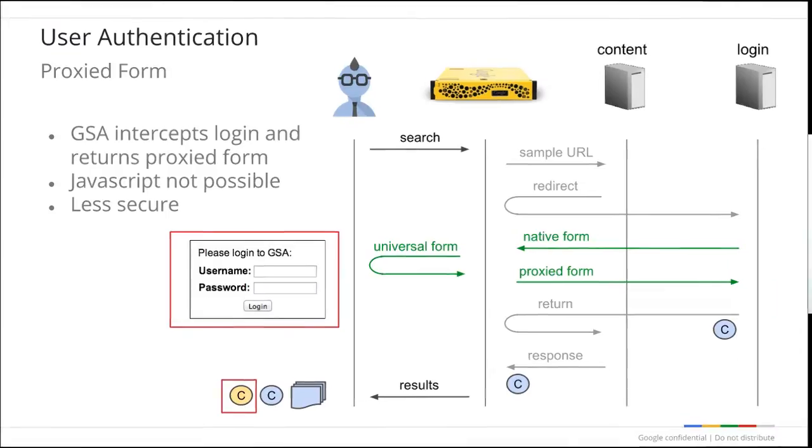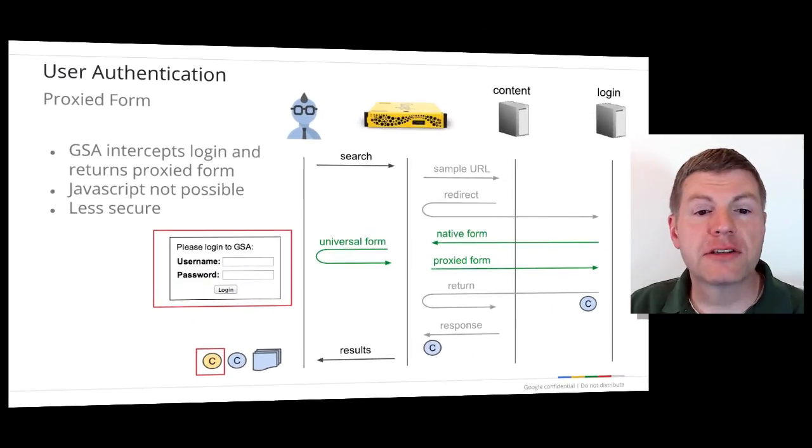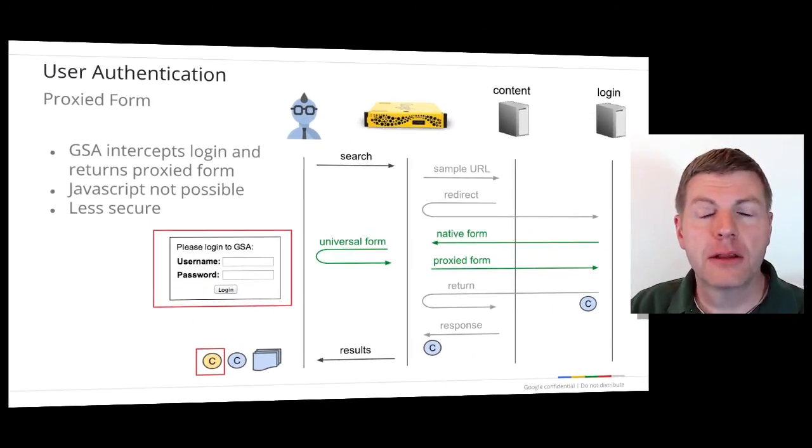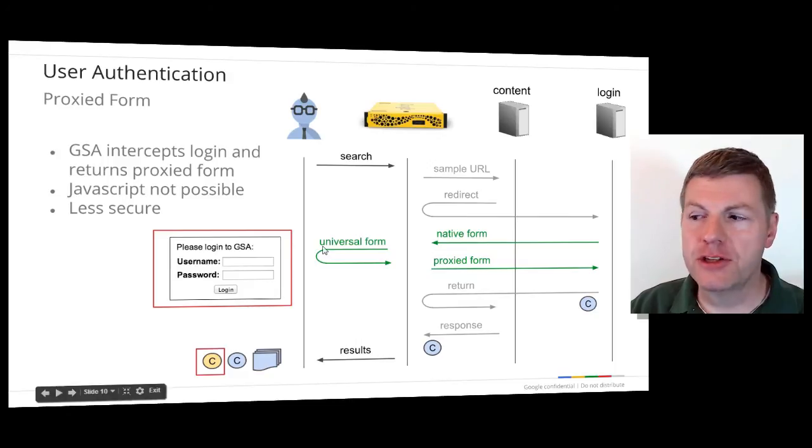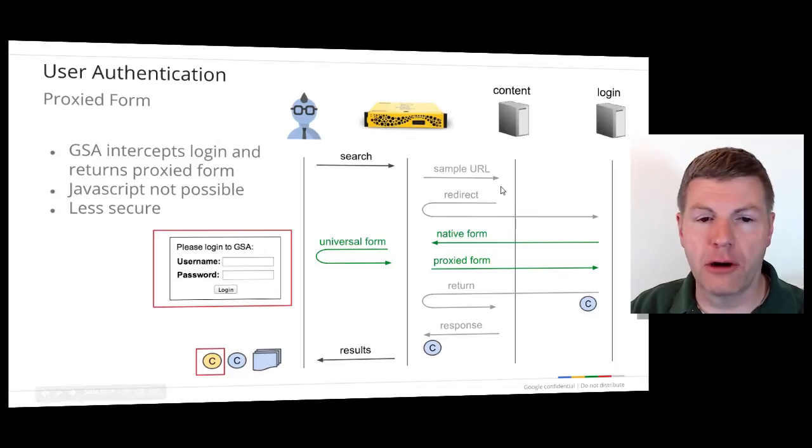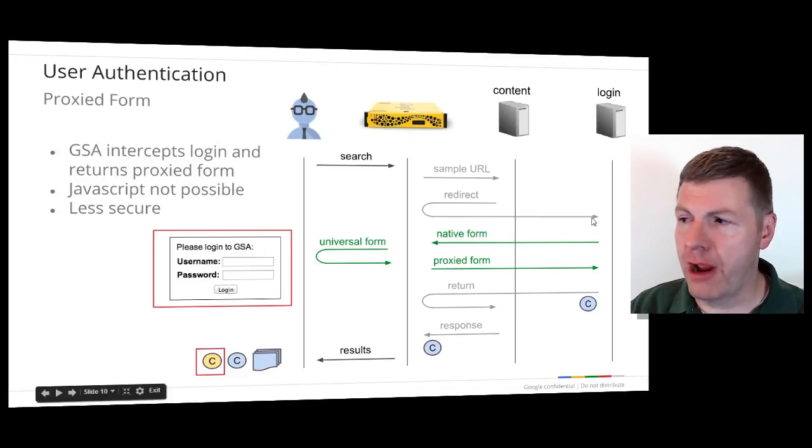There are two ways Secure Serve can be set up. The first way is for the GSA to proxy the login form to the user. In this approach, the user requests a secure search. The GSA sees no authentication cookie in the request, so it will force the user through the authentication process. The GSA will request the sample URL, follow the redirect to the login server, and receive the login form.